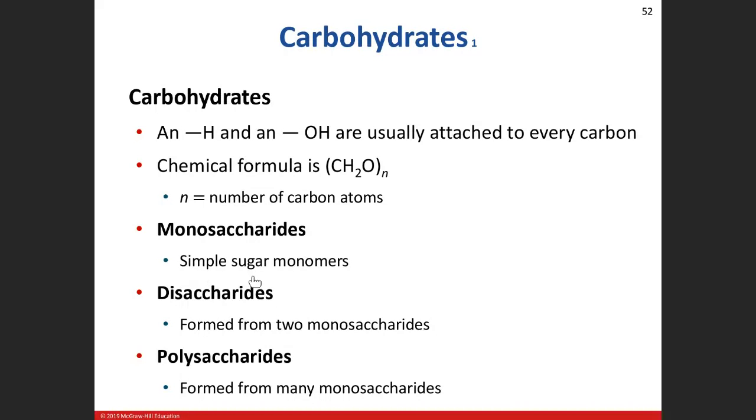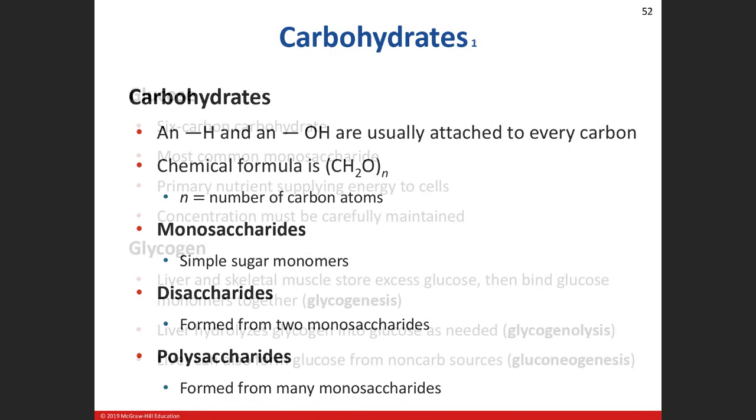When we take two monosaccharides and attach them to one another, we get a disaccharide, di meaning two. When we string along a whole bunch of monosaccharides, we get a polysaccharide, which is many monosaccharides.